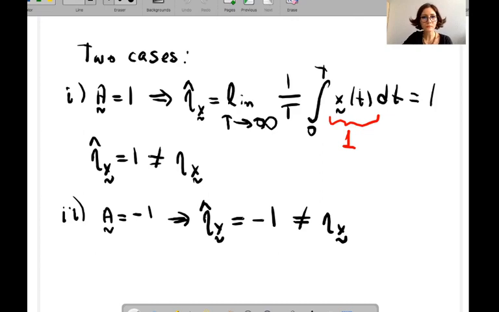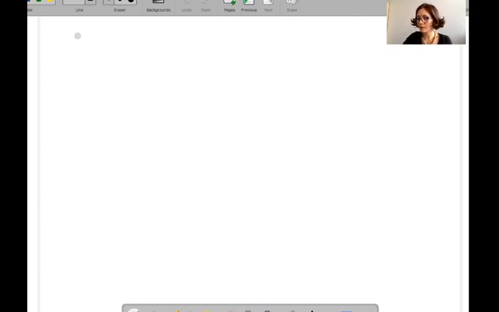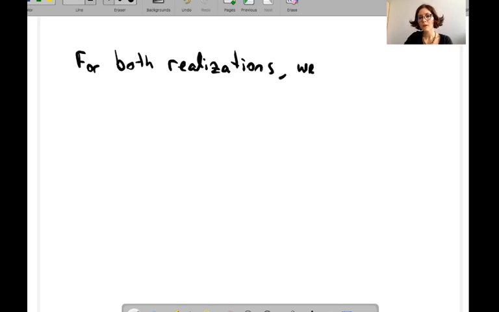So we could just note that for both realizations, we have that the time average estimate of the mean is not actually equal to the mean.